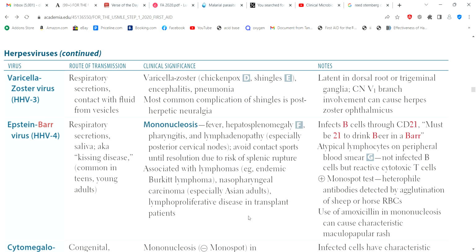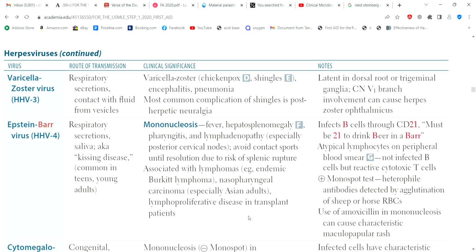Okay, that's important to know. So what that means is the EBV envelope glycoprotein binds CD21 to infect B cells. CD21 is found on top of B cells, and then Epstein-Barr virus attaches to CD21 to infect the B cells.